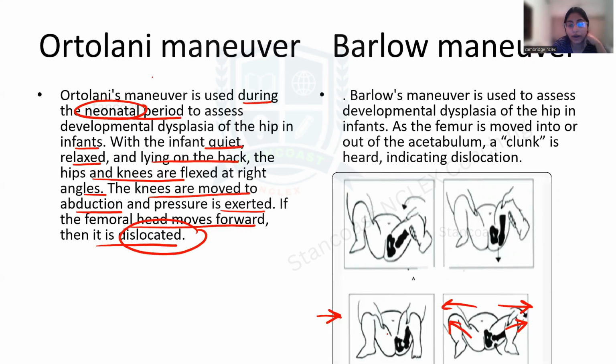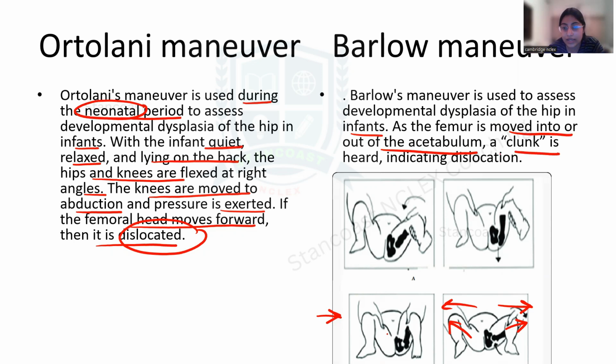Now, the Barlow maneuver is used to assess developmental dysplasia of the hip in infants. It is the same as Ortolani's maneuver, but here the femur is moved into or out of the acetabulum. So what we do here is try to move the femur from the acetabulum.